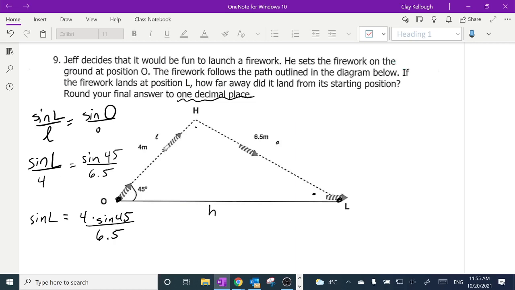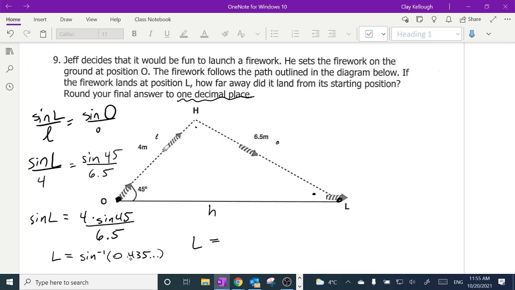So this one I've got to do an inverse sine, right? So I punched this and got the decimal. The decimal I got was 0.435 and change. So angle L is the inverse sine of that.